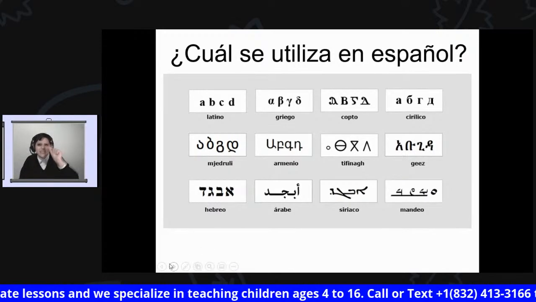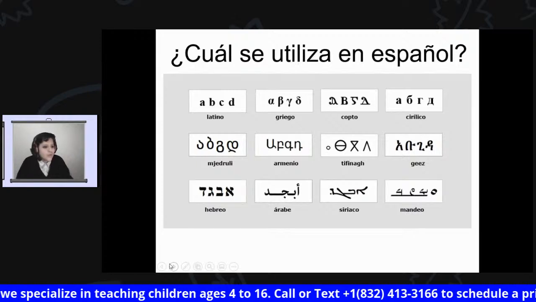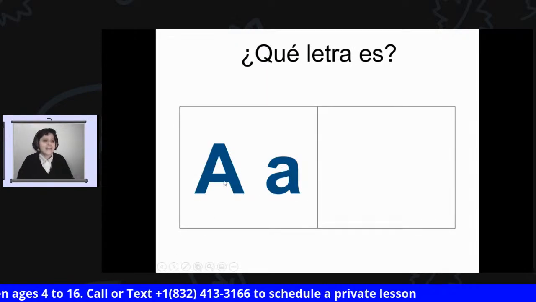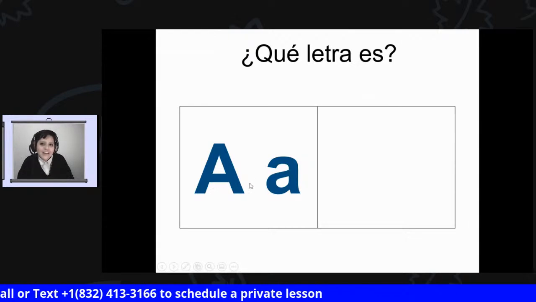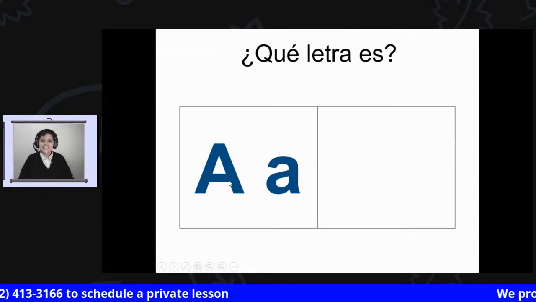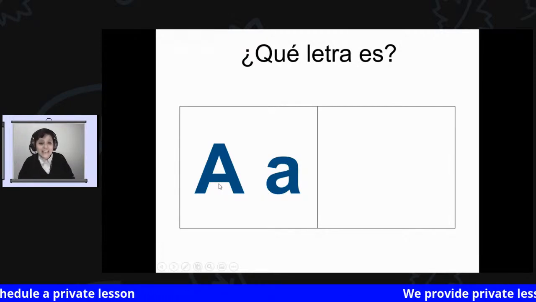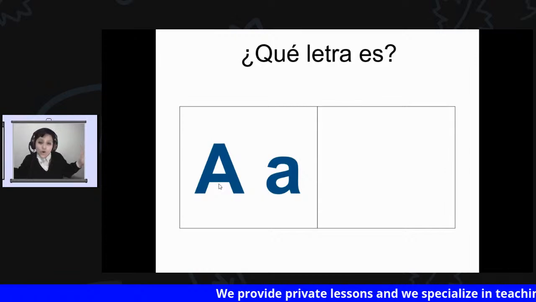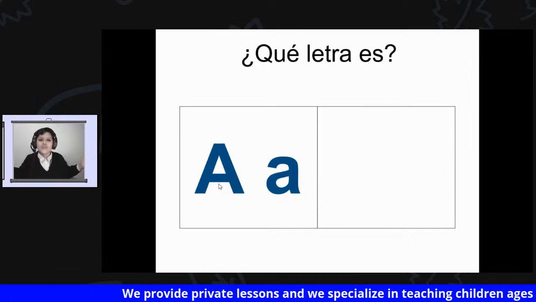A small test and a very quick one. ¿Qué letra es? Exactly. It's letter A in English. ¿Cuál es su sonido en español? Do you know?